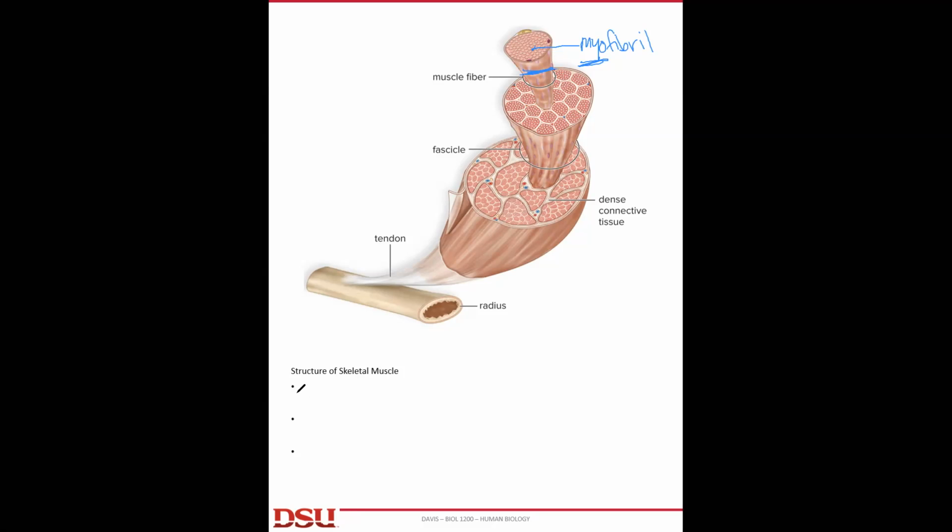So a group of myofibrils equals a muscle fiber. When you have a bunch of muscle fibers, you end up with something called a fascicle, which is this next biggest part.